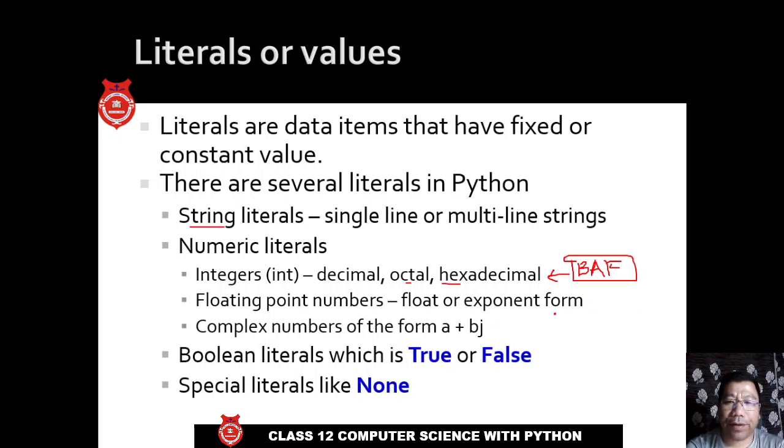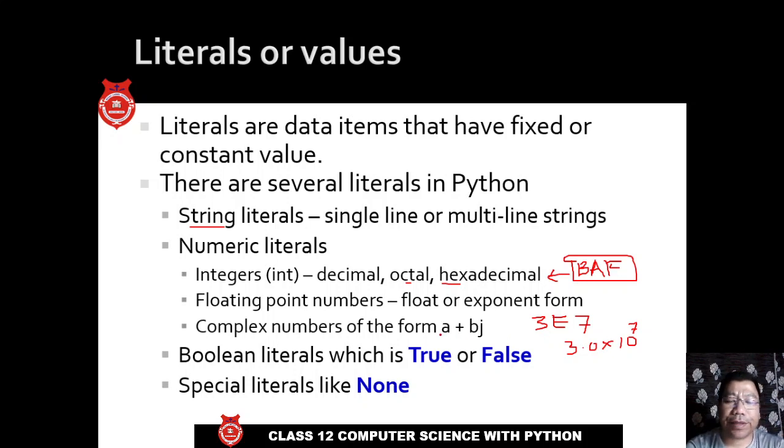For example, I can say 3e7. This looks like a hexadecimal number, but the e in this number represents exponential form. The meaning of this is 3.0 into 10 to the power 7. This is exponential form.